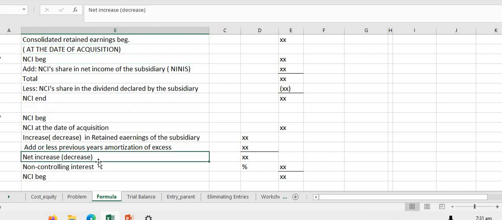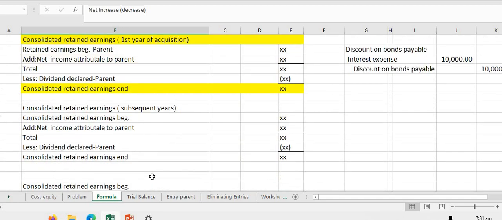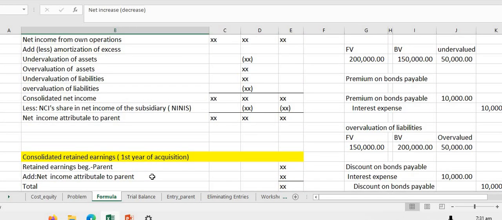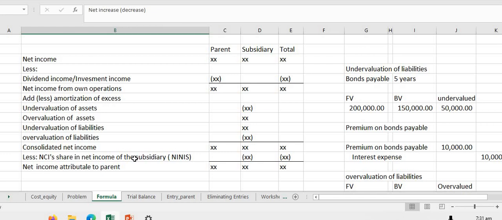Okay, so those are some of the formulas in the accounting for stock acquisition subsequent to the date of acquisition.